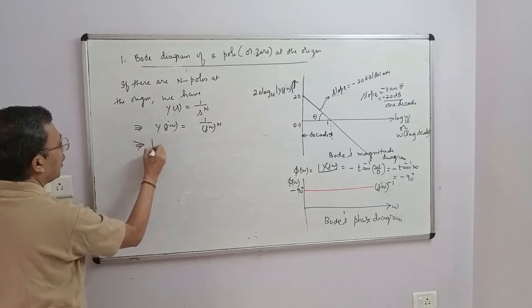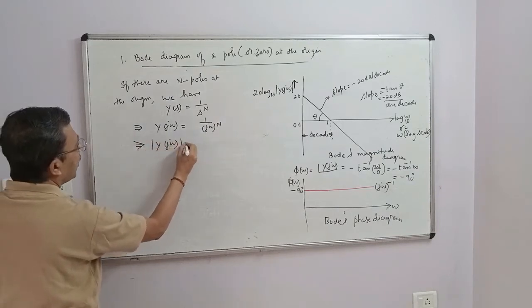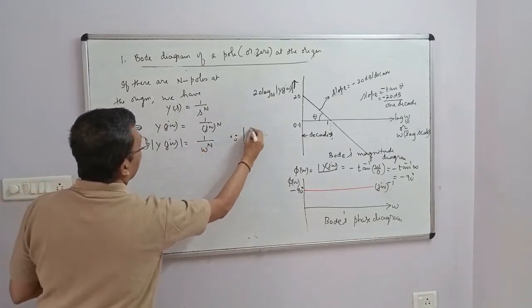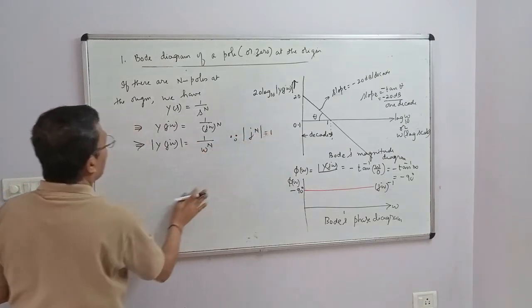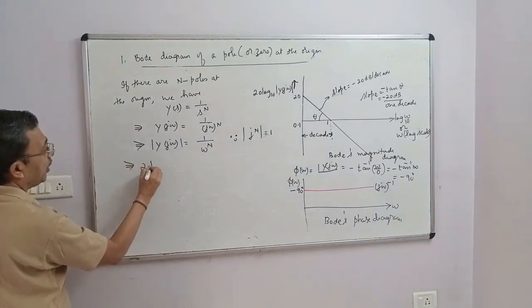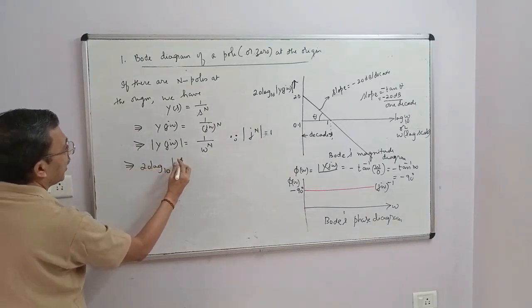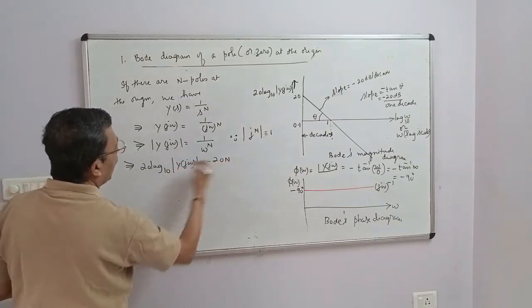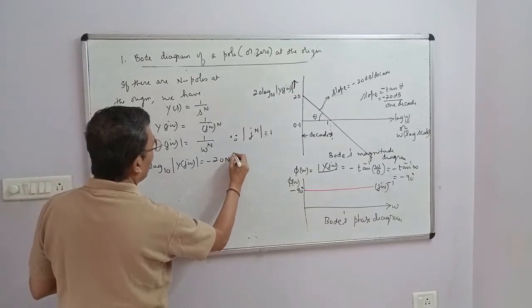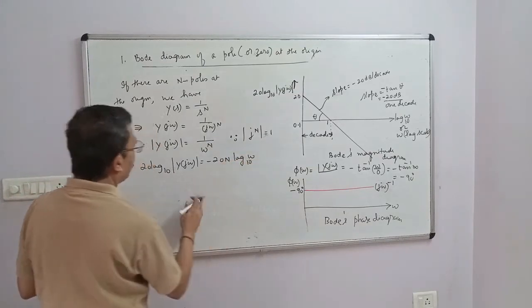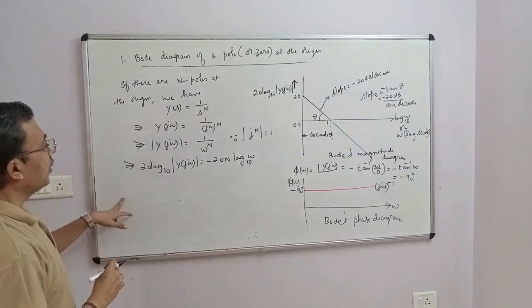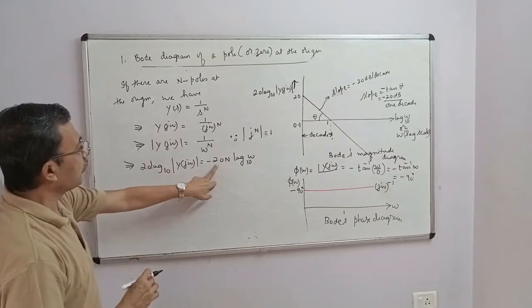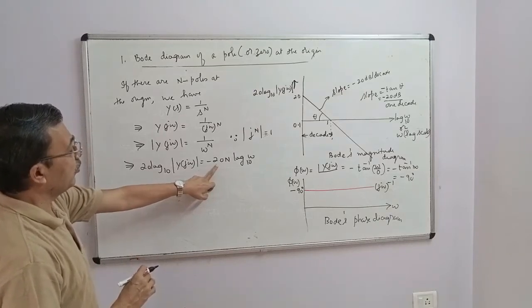This in turn implies the magnitude of Y of j omega is equal to 1 over omega to the power n, because the modulus of j to the power n is equal to 1, which in turn implies 20 log to base 10 of the magnitude of Y of j omega is equal to minus 20 into n multiplied by log omega to base 10.